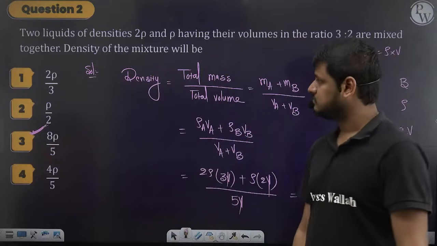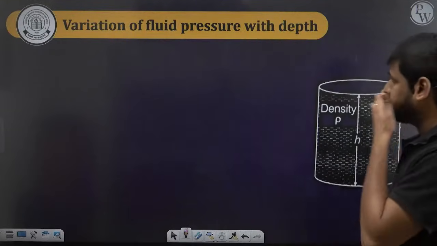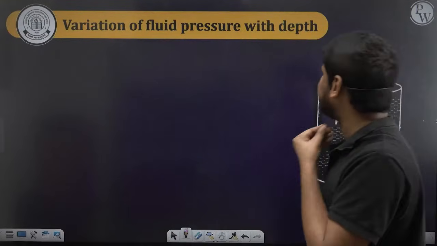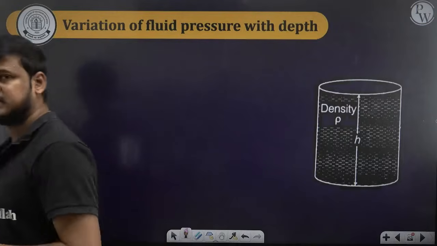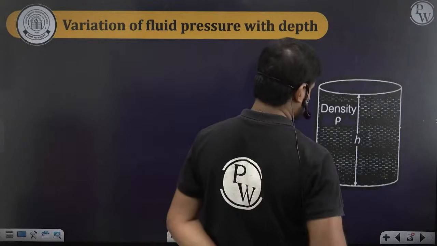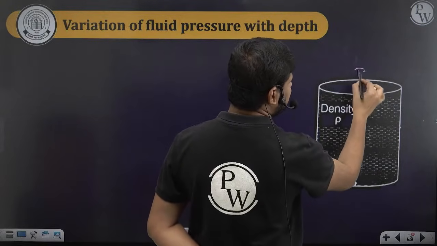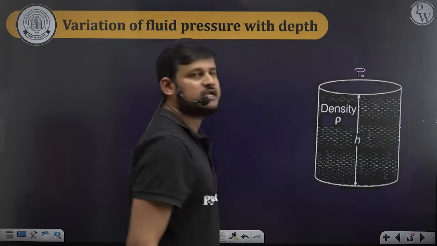Understood? Clear? Good. Now, how does pressure vary with respect to depth? For any container like this, the atmospheric pressure we call P naught.